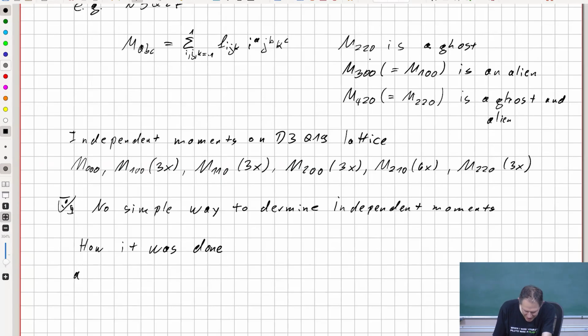But this is the way it has been done. So, how was it done? You find an arbitrary enumeration of the populations.